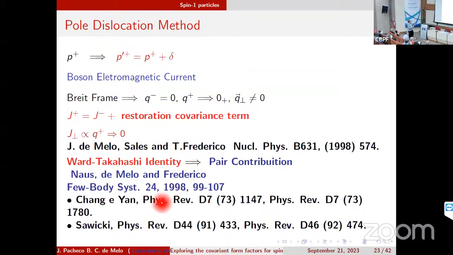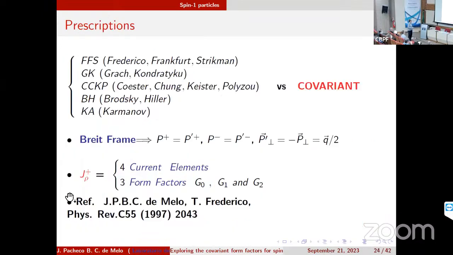In the end of the day, you put the momentum transfer plus goes to zero. Then you recover the covariance. You take the minus component plus the zero modes. That is in some work in 98, also 98 on field theory, nuclear physics. Also Professor Chang, Yang, Salvik, also a long time ago, thought about this.